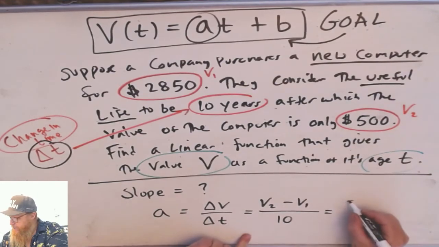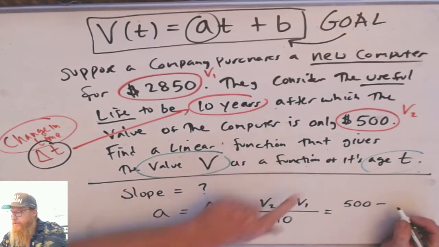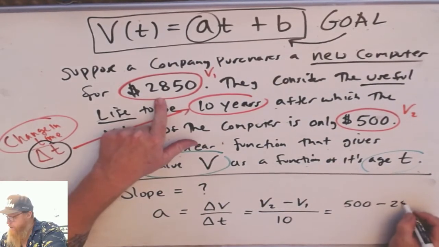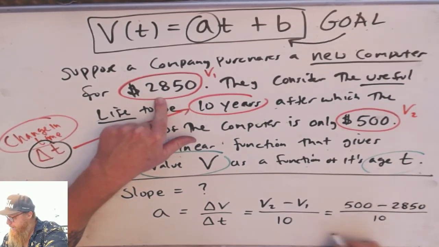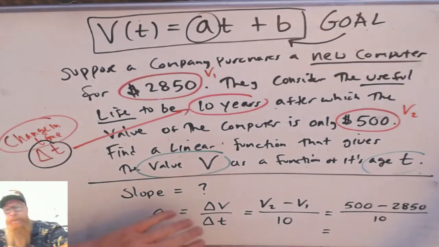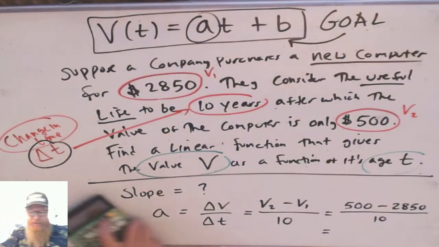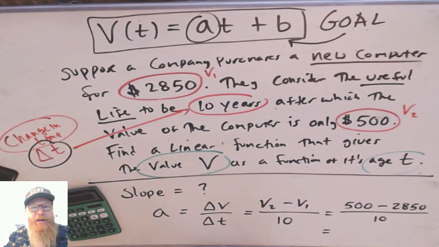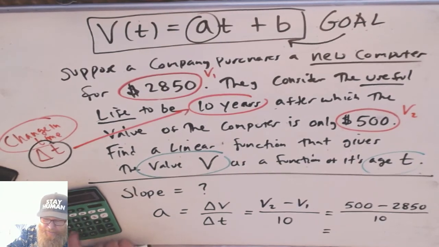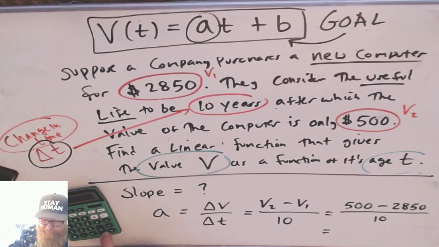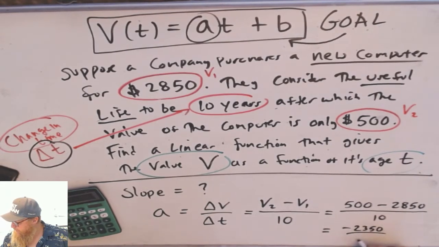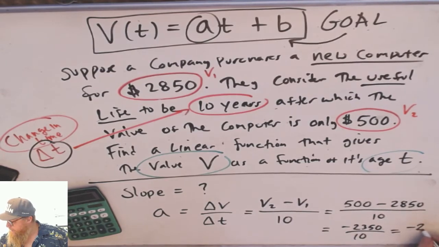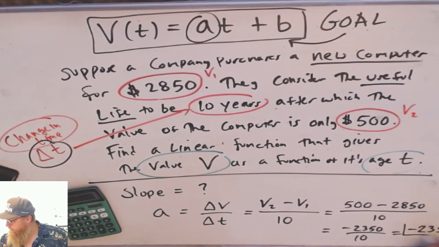So V2 is $500 minus V1 is $2,850, divided by 10. There's no shame in using your calculator when the numbers get into the hundreds and the thousands. I'm going to do it. 500 minus 2850 is negative 2350, divided by 10 is negative 235.